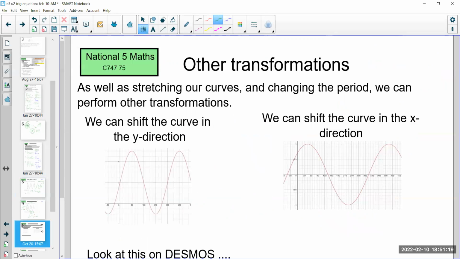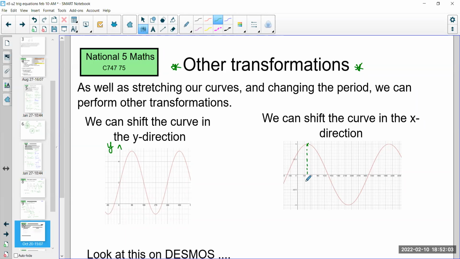As an add-on, what you'll find is we have other transformations. Sometimes the graph will get moved up or down. I will add a couple of lessons that help you to move the graph up and down in the y direction, or stretch in the x direction. And when we do that, we get what we call a shift. So we get a shift in phase here. I think the value here is 45.